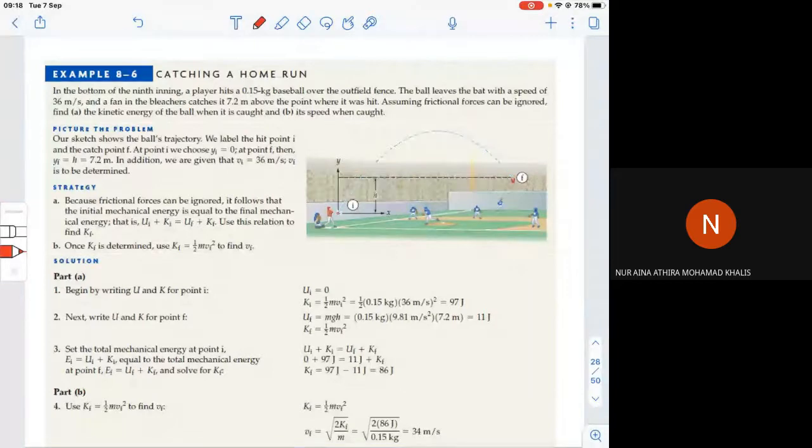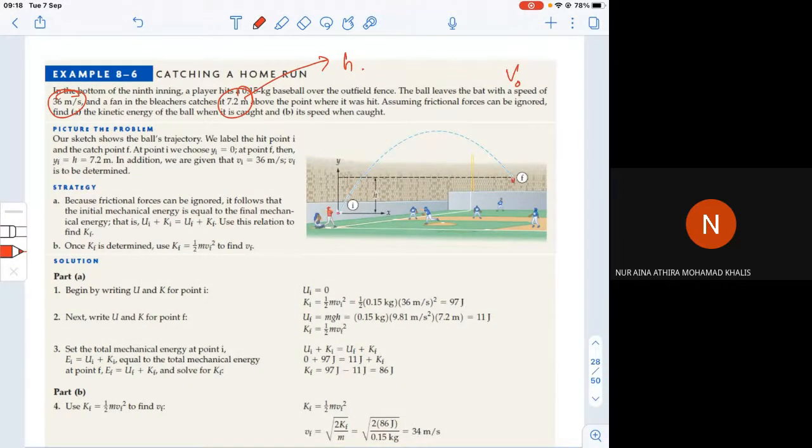The ball leaves the bat with a speed of 36 meters per second, which is the initial velocity, and a fan in the bleachers catches it 7.2 meters above the point where it was hit. So 7.2 meters should be the height. Assuming frictional force can be ignored, find A, the kinetic energy of the ball when it is caught, and B, the speed when caught.